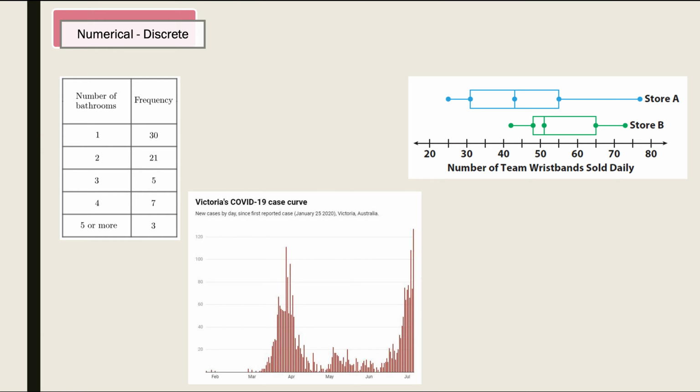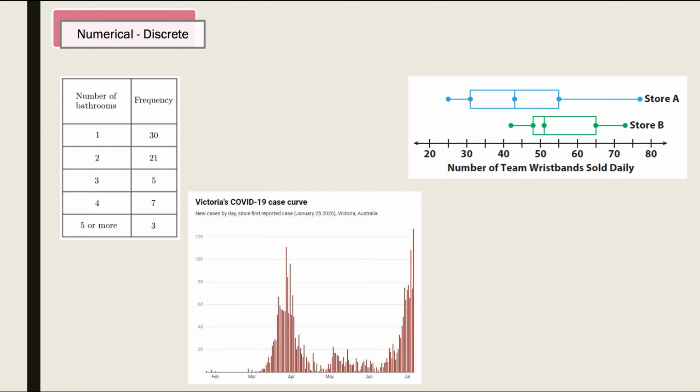The one on the top, you maybe have not seen this one, and we're going to learn how to do these graphs. It's called a box and whiskers plot. I think it's called box plots, I call it. And here what they're showing is the number of team wristbands sold daily.